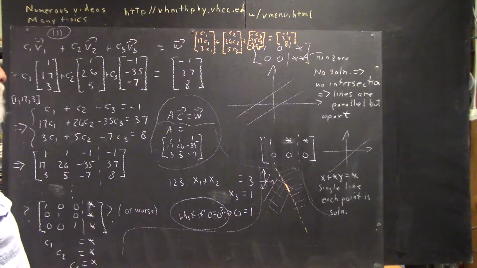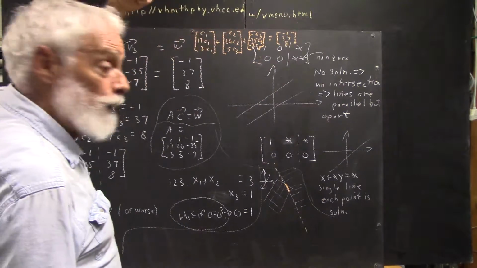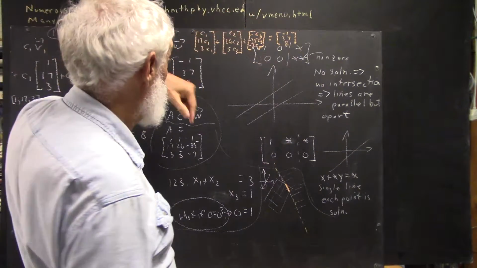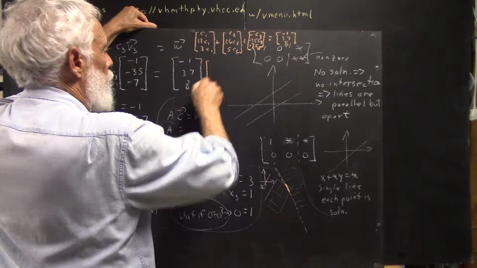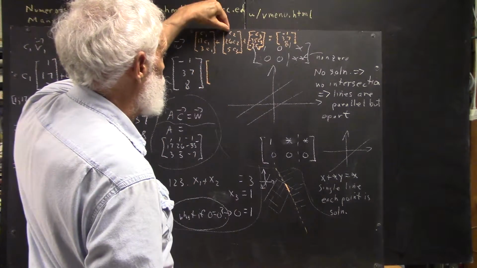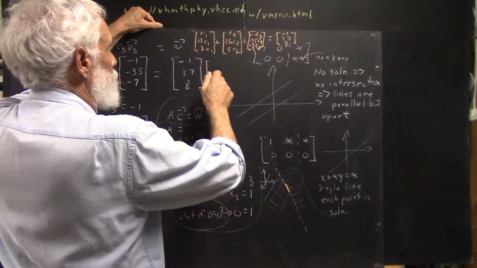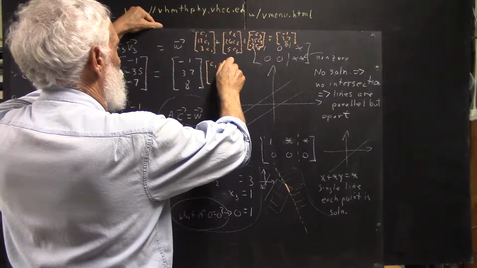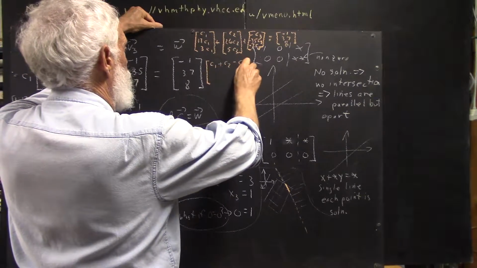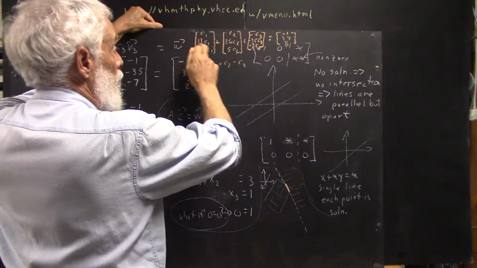Okay, well, what's that? If you add 2 matrices, you just add them component by component, or element by element. So we're going to have C1 plus C2 minus C3, going to be the first element here. And then add the second.